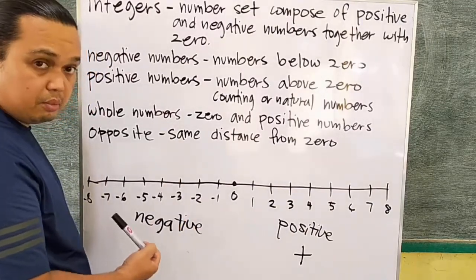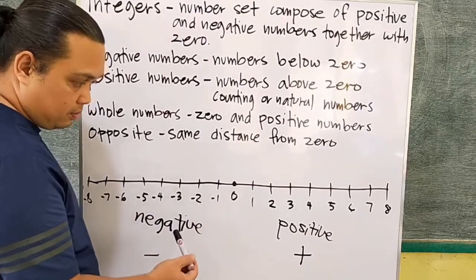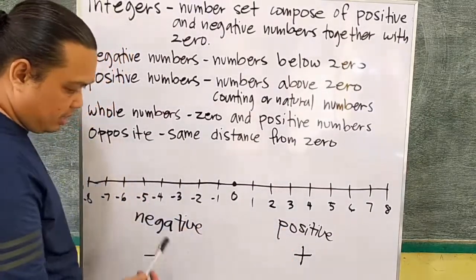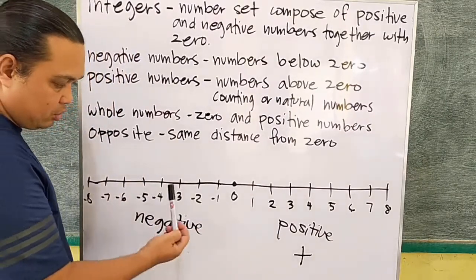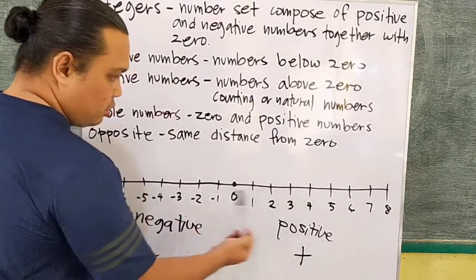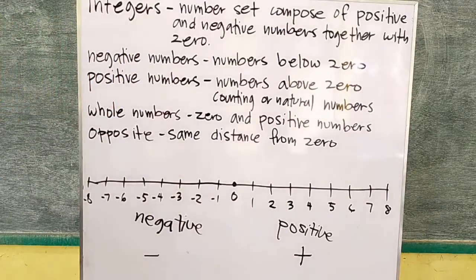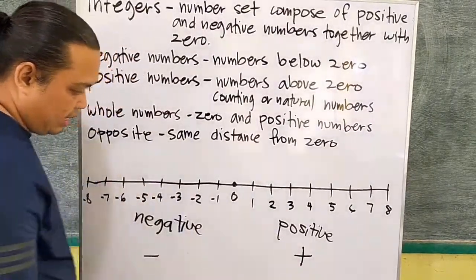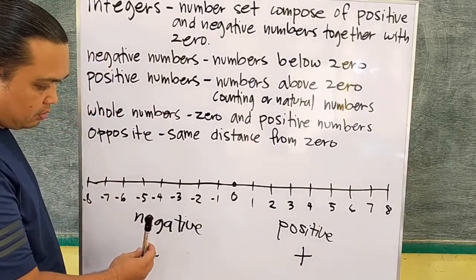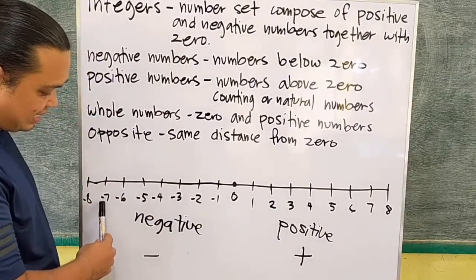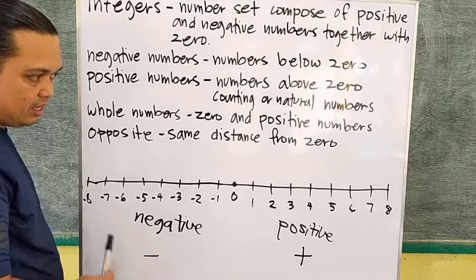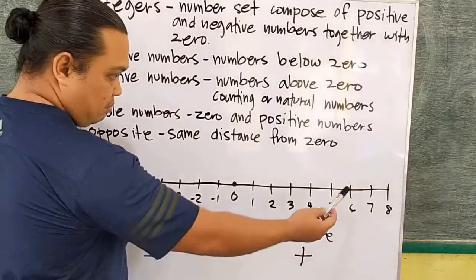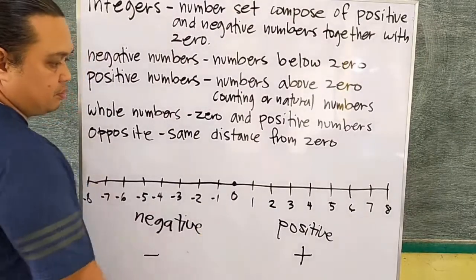They are the same number, which is 4, only that one is positive, the other is negative, and the two of them are called opposite numbers. For example, the opposite of 4 is negative 4, while the opposite of negative 7 is positive 7. So they have the same distance from 0.